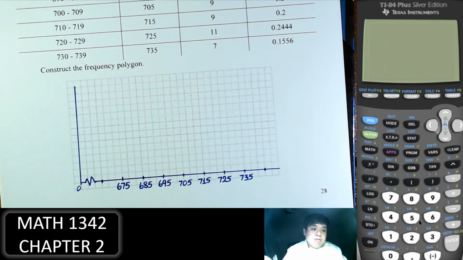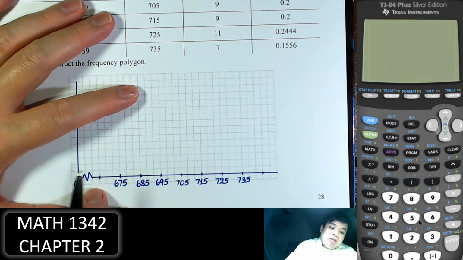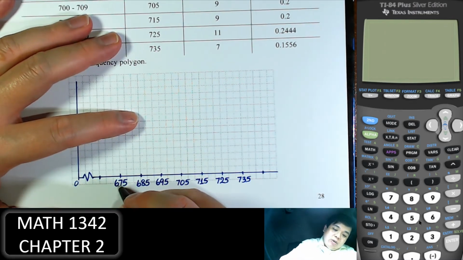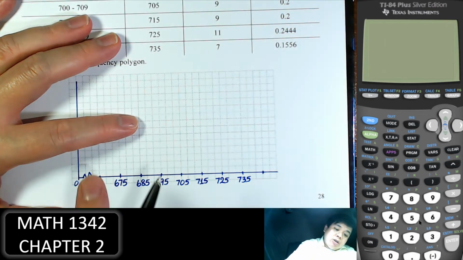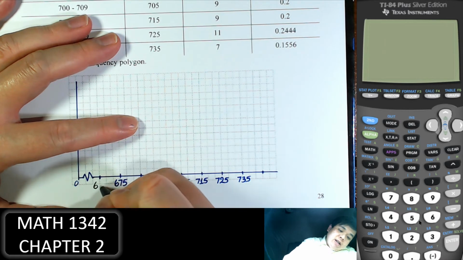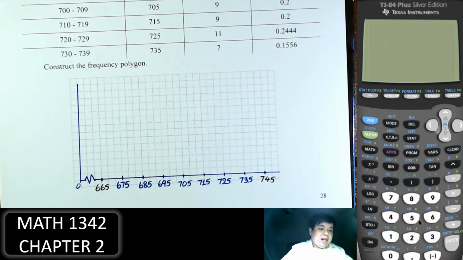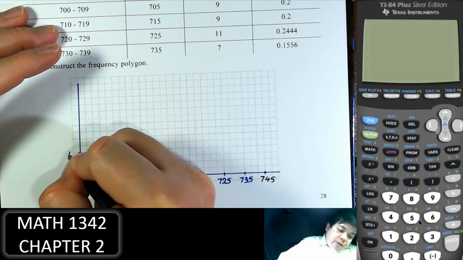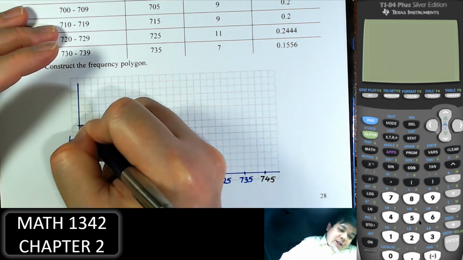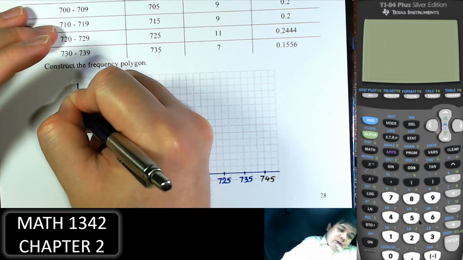And for the frequency polygon, we will have the first and the last one. If the class width is 10, still, subtract 10 and we have 665, and add 10 to get 745. Now the data: 2, 4, 6, 8, 10, 12.